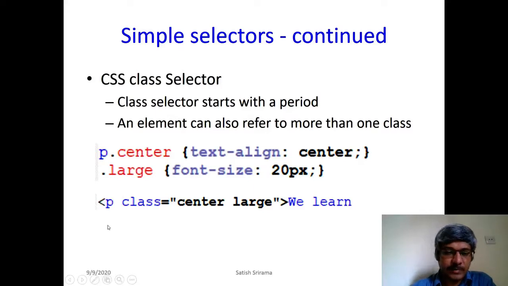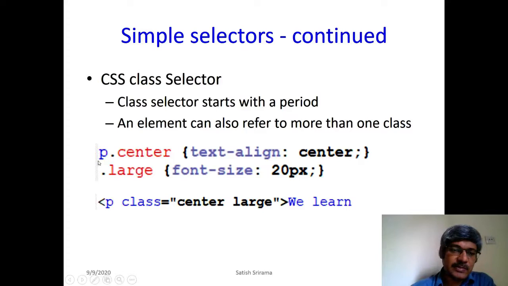There can be another tag, for example a div tag, which is used for divisions. If you put class large on it, all the text within the div tag will be large as well. So in the example, the P also has large and the div tag also has large.